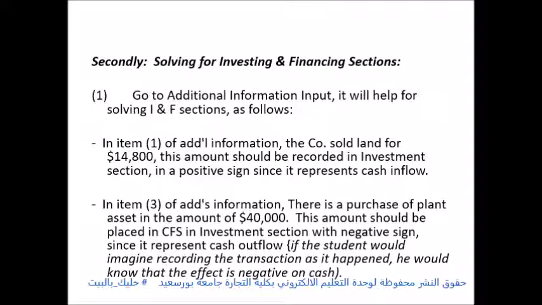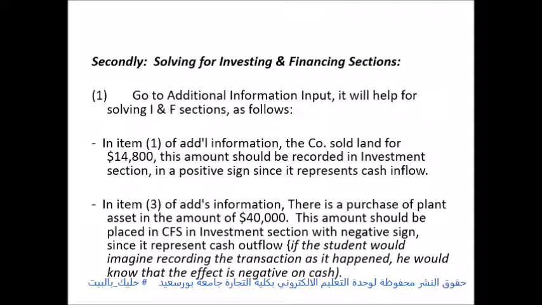Go to the additional information. It will help you to solve for investing and financing as follows. Item 1 of additional information: the company sold land for 14,800.